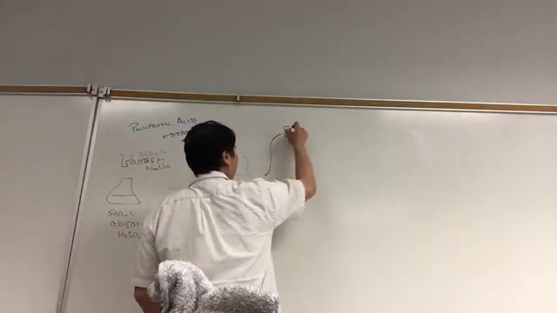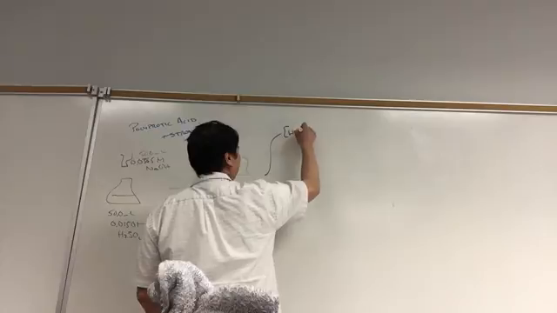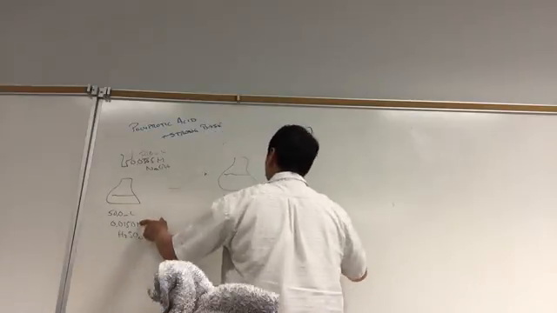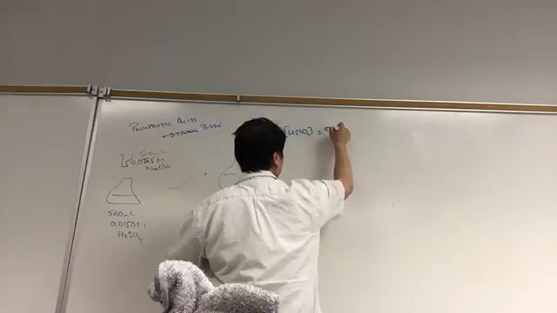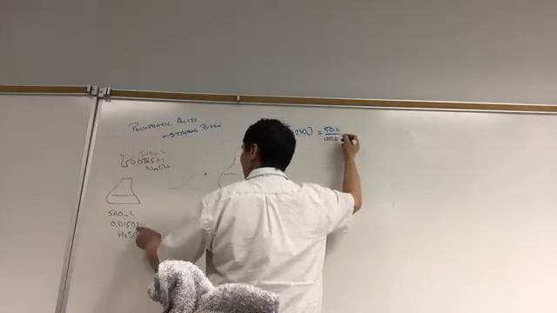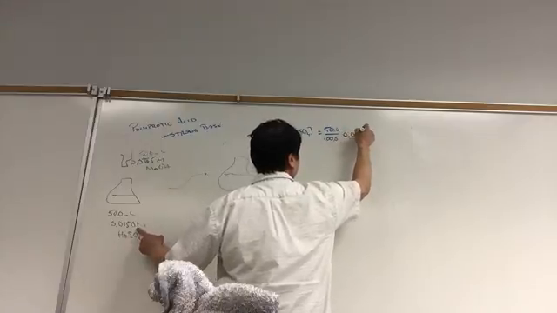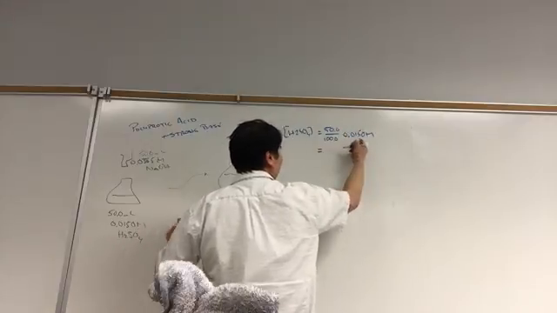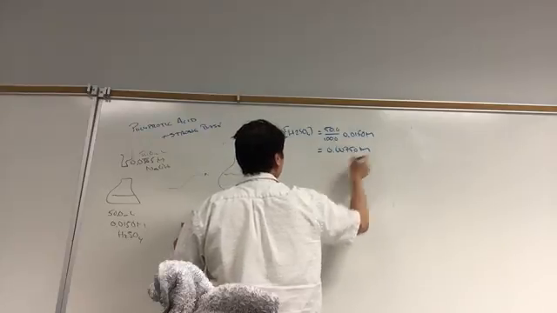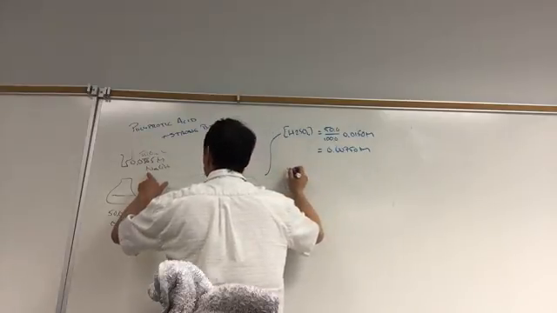And so the first step is to do solution dilution. The solution dilution here is easy because it's a 50 to 100 dilution of 0.0150. This is going to be half that, so it's 0.00750 to keep the sig figs.